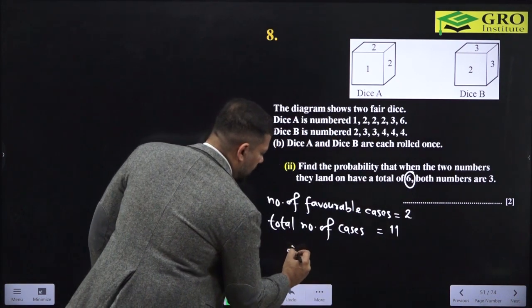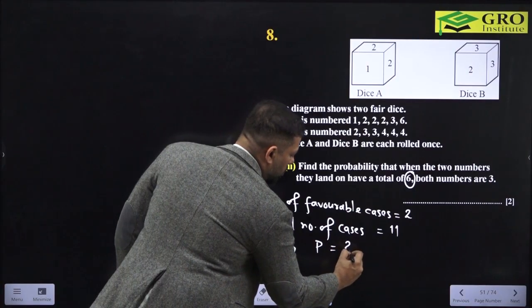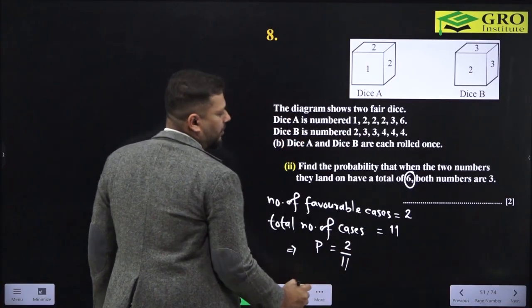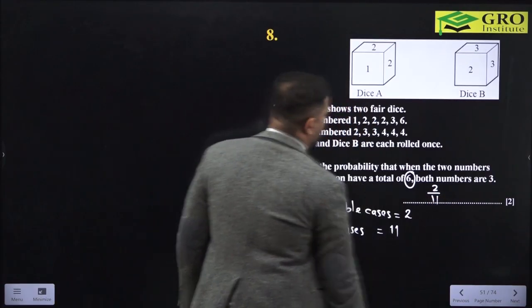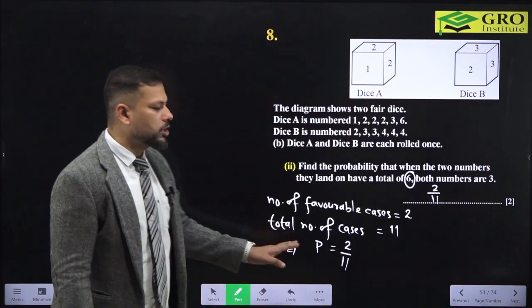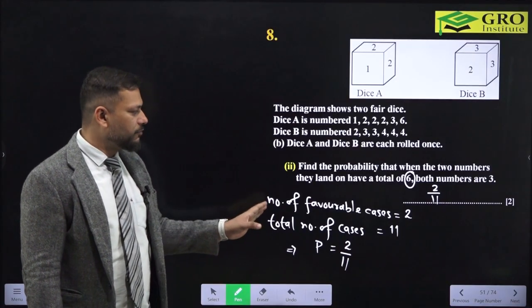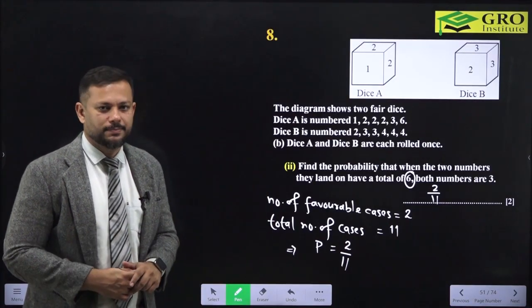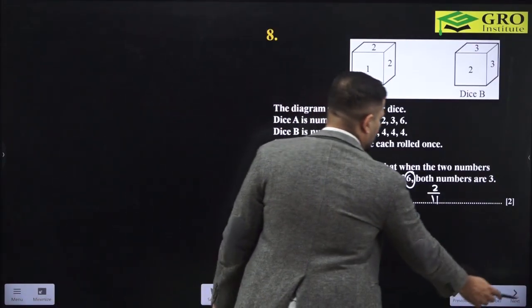So this implies that the probability will be equal to 2 upon 11. That is what is our answer? 2 upon 11. Right, guys? Please note it down for your reference. We already have made that table. That table only we have used to get the answer for this question. Right? Let's move ahead.